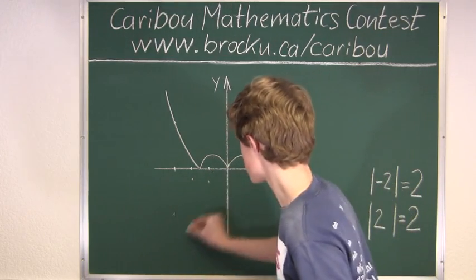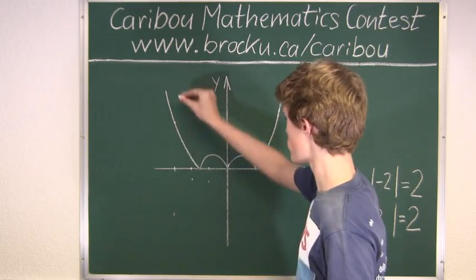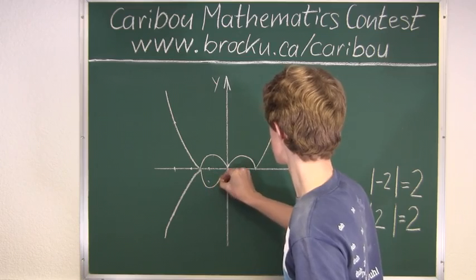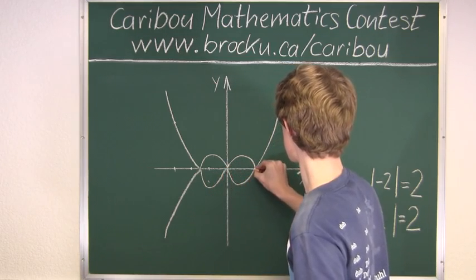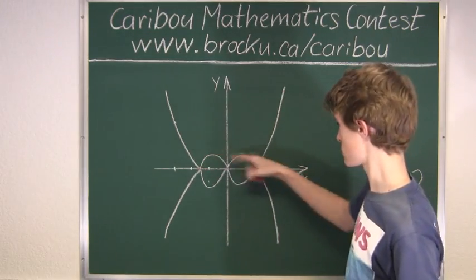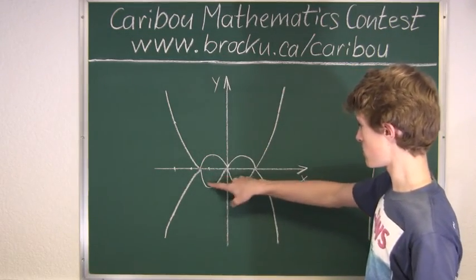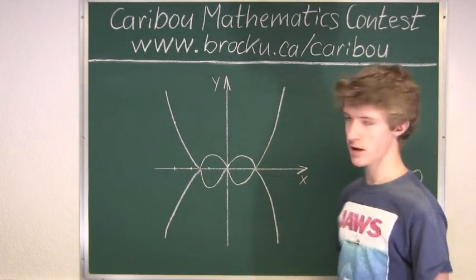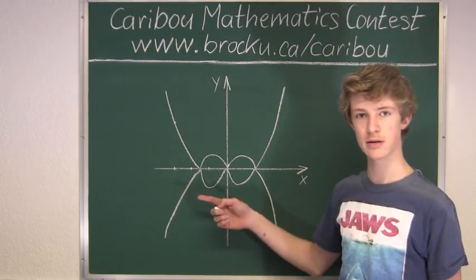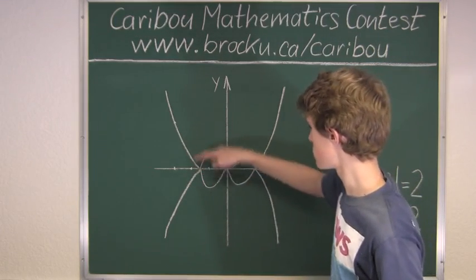So we can see that it is the exact same form of the graph, just mirrored about the x-axis. Okay, so now we can see that these are all the possible values of f of x.